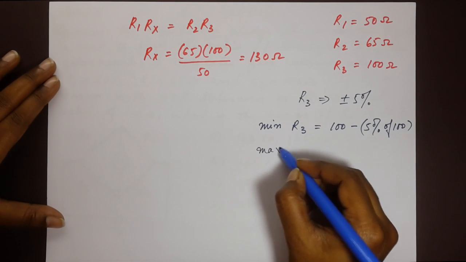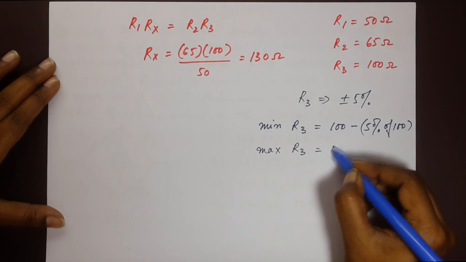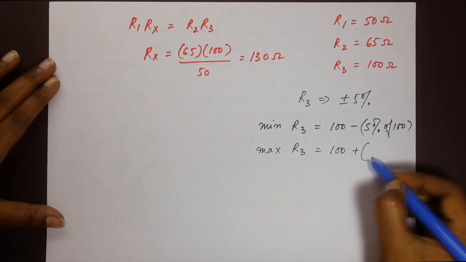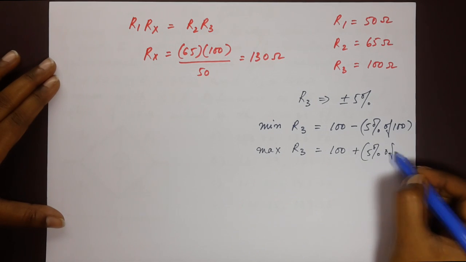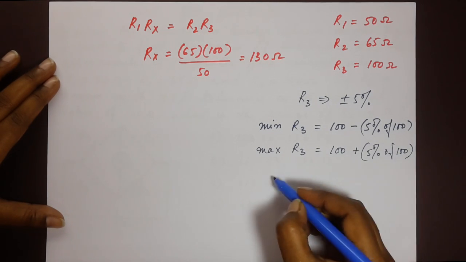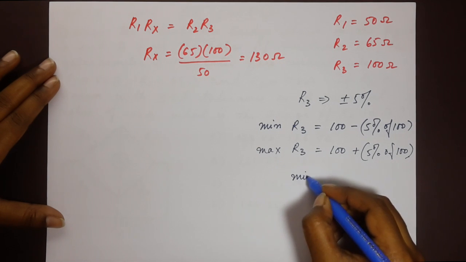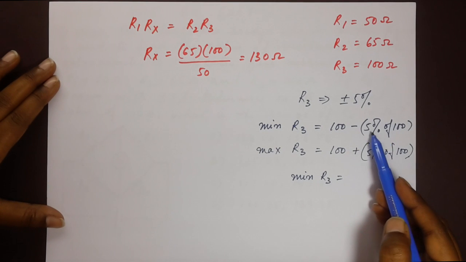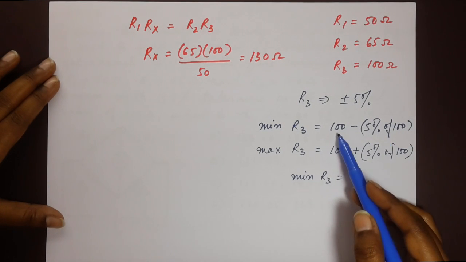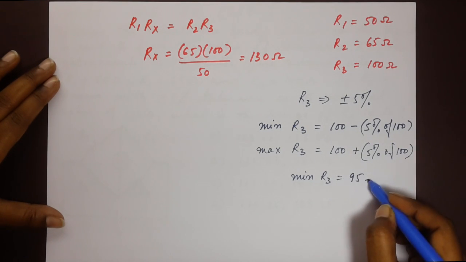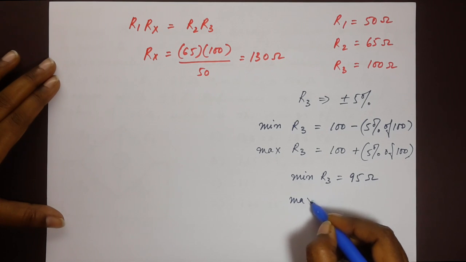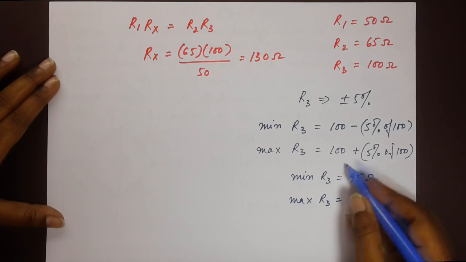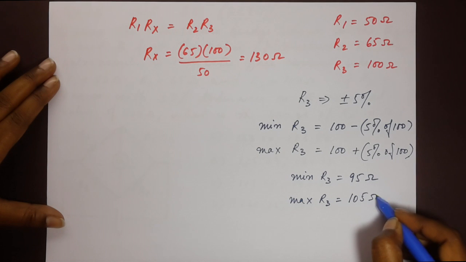And the maximum value of R3 is 100 plus 5% of 100. So that gives us minimum value of R3 is 100 minus 5, 5% of 100 is 5. So that's 100 minus 5, 95 ohms. And the maximum value of R3 is 100 plus 5, 105 ohms.